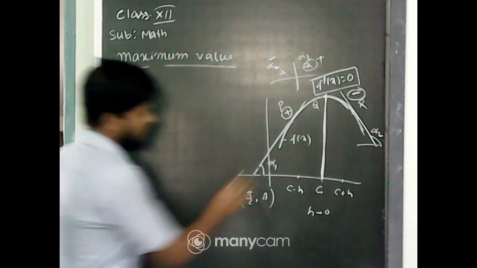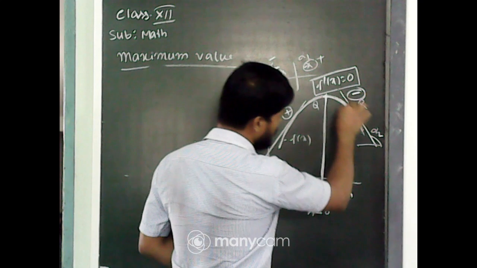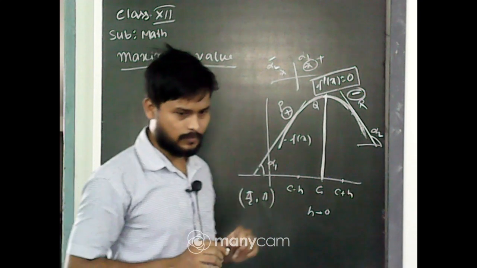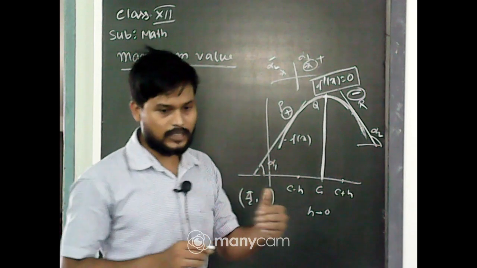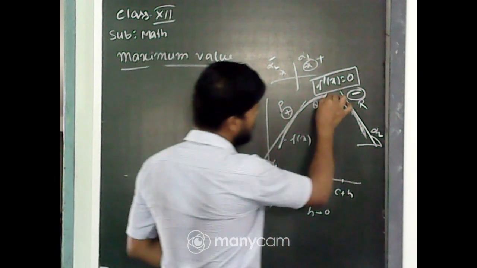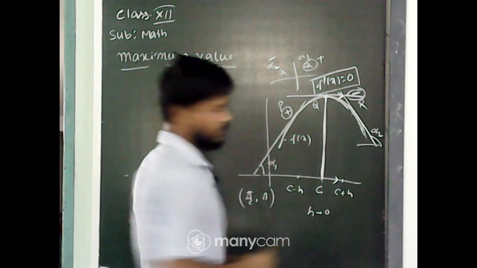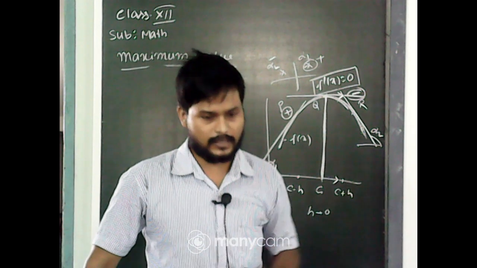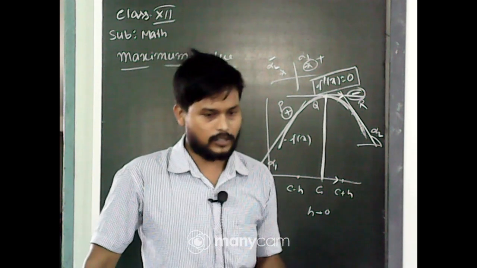Because it is an increasing function, f dash x is greater than 0, and here f dash x is gradually decreasing to less than 0. So there must be a point where f dash x equals 0. That means the tangent at that point must be parallel to the x axis, and the point where the tangent is parallel to the x axis is called a critical point or turning point of the curve.